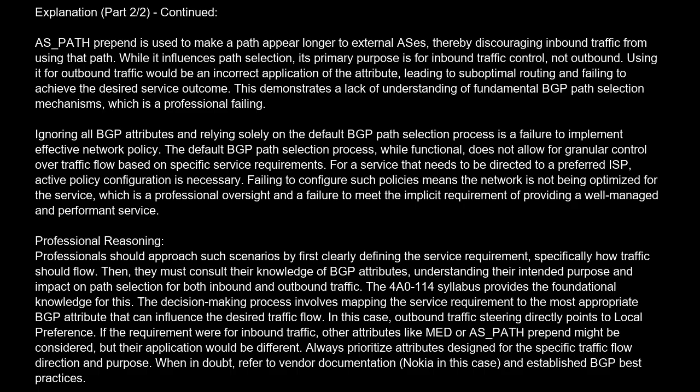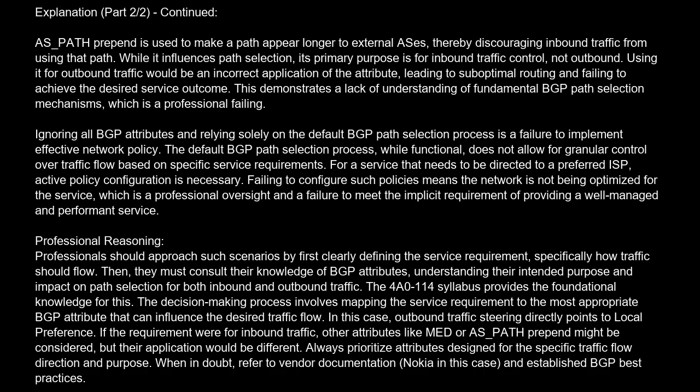Professional reasoning. Professionals should approach such scenarios by first clearly defining the service requirement, specifically how traffic should flow. Then, they must consult their knowledge of BGP attributes, understanding their intended purpose and impact on path selection for both inbound and outbound traffic. The 4A0-114 syllabus provides the foundational knowledge for this. The decision-making process involves mapping the service requirement to the most appropriate BGP attribute that can influence the desired traffic flow.